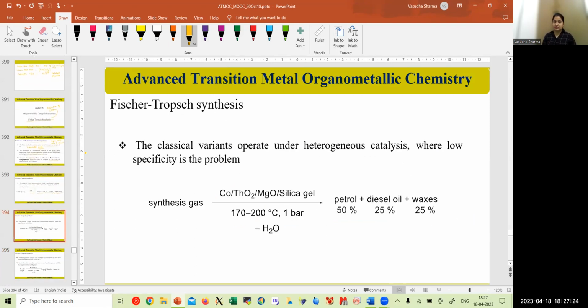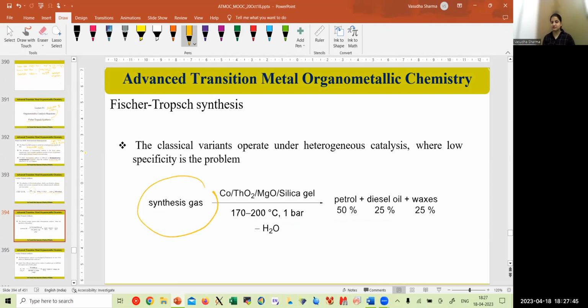The Fischer-Tropsch synthesis generally operates under heterogeneous catalysis, where low specificity is the problem, because, as I told you, with more active sites on the surface it cannot be specific towards a particular product. So that's why it ends up having a lot of products. So that is the main thing.